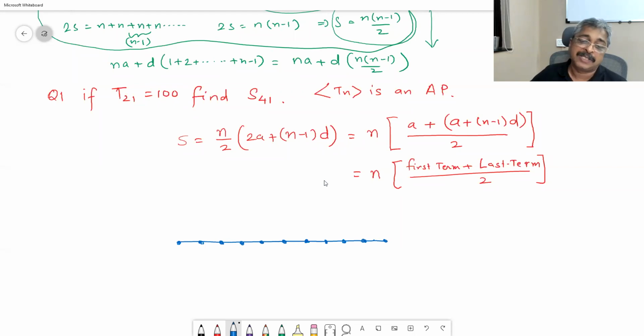That means the common difference is the same. So instead of writing a plus d etc., let me write down some numbers: 2, 5, 8, 11, 14, 17, 20, 23, 26, 29, 32. They keep exactly the same distance between them. So an arithmetic progression can always be geometrically visualized as points sitting on the real number line at exactly the same interval.